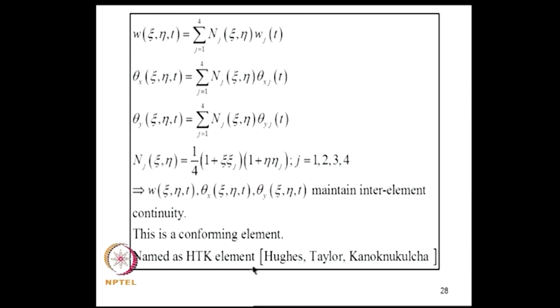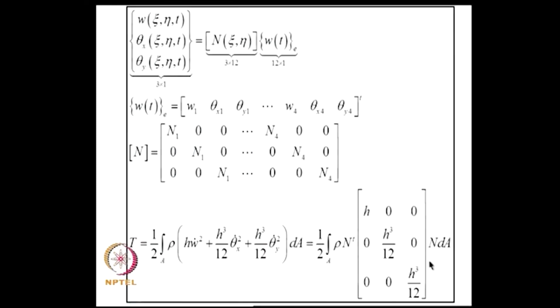This is named the STK element, named after Hughes, Taylor and Kanoknukulchai. So, we can now represent the vector of field variables w, theta x and theta y in terms of the nodal degrees of freedom, which is 12 cross 1, and this is a 3 cross 12 matrix of shape functions. These are the nodal degrees of freedom w1, theta x1, theta y1 at node 1 and so on and so forth.